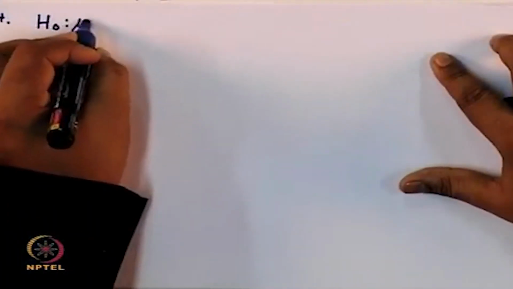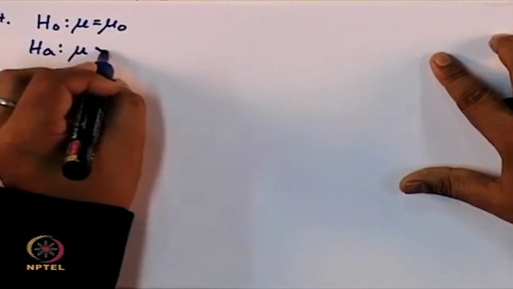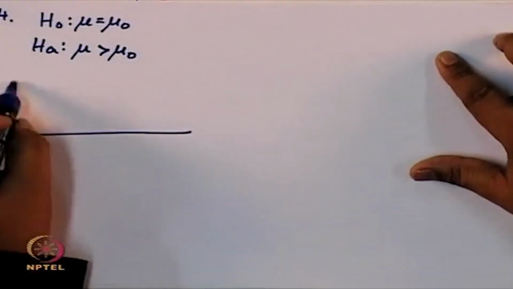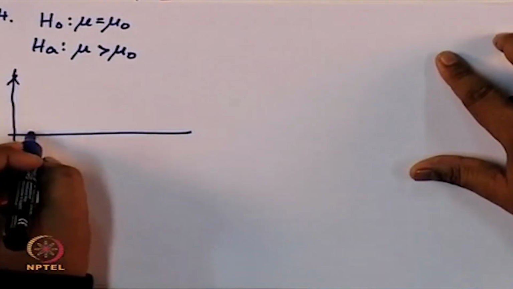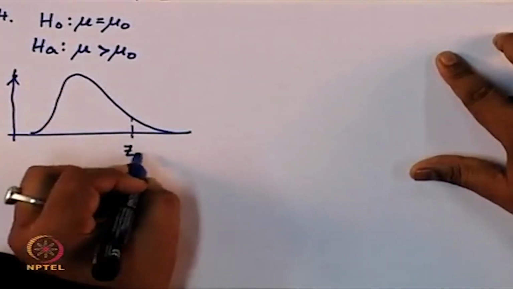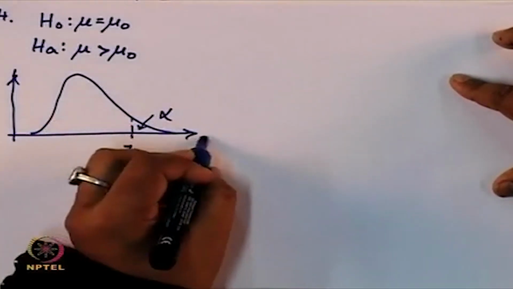Okay. Now for the one tail test, when do you calculate it? Let us say my H naught is mu equal to mu naught and H A is mu greater than mu naught. In that case, I label it as Z alpha, where alpha is the area under this curve.